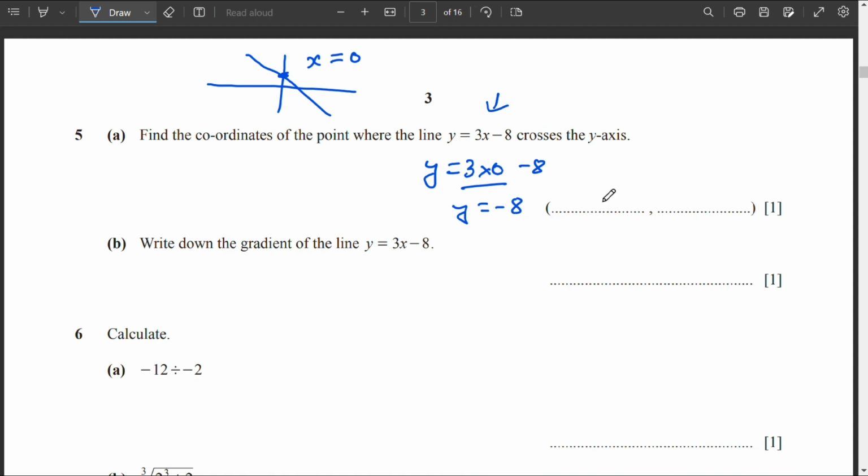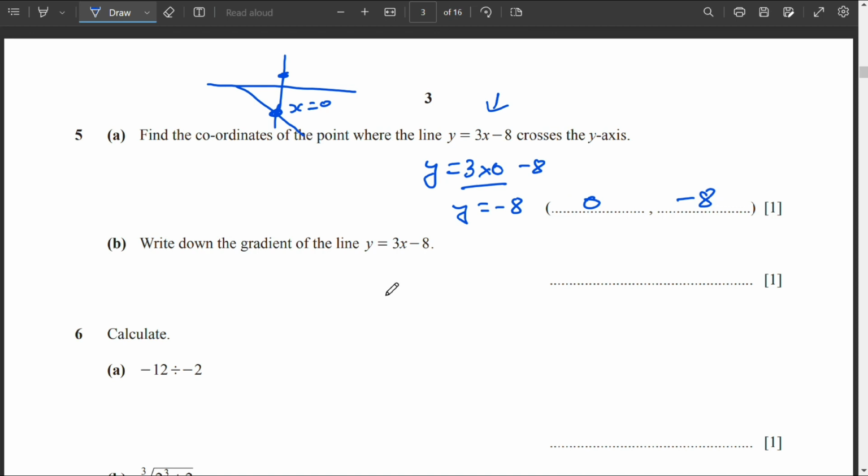So y is -8. So actually the line must be going like this. You can remove this line. So the same thing, you put x = 0 because on the y-axis, x is always 0. So the coordinates will be x is 0, y is -8. So these are the coordinates.